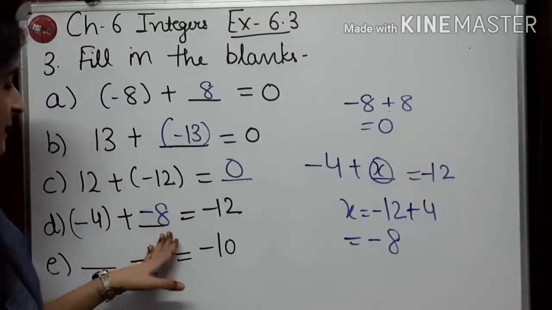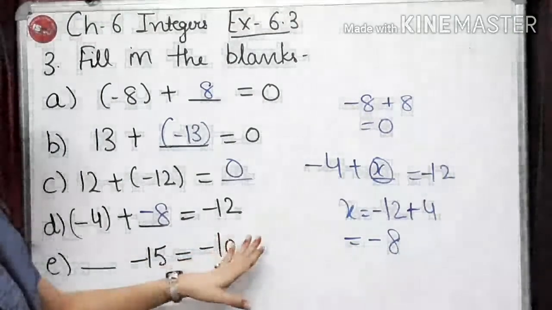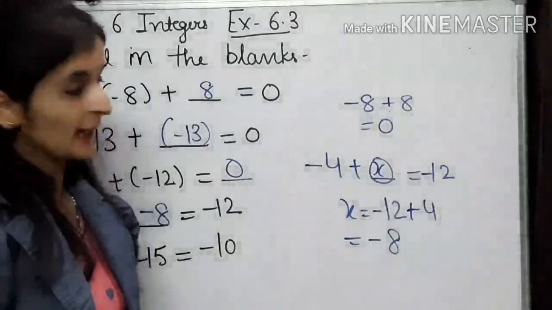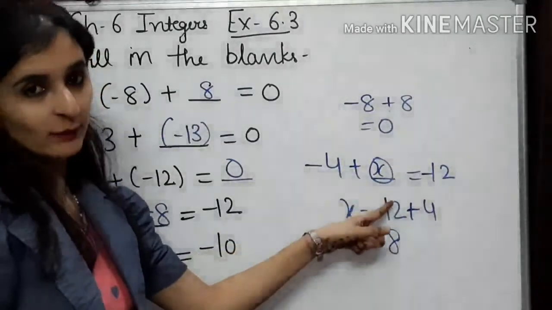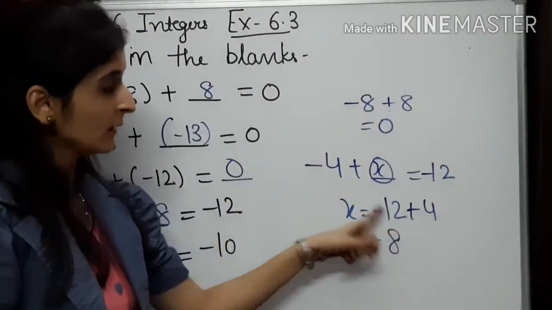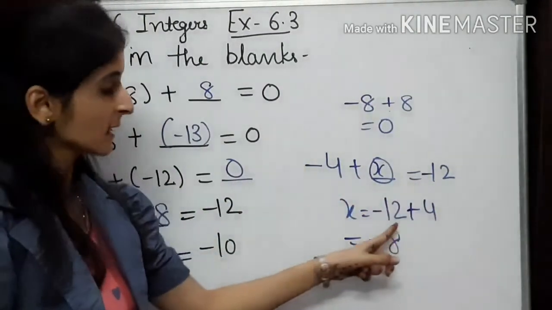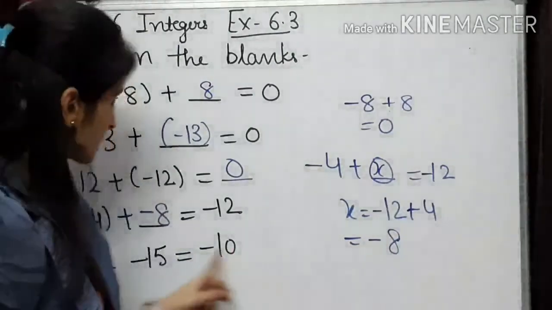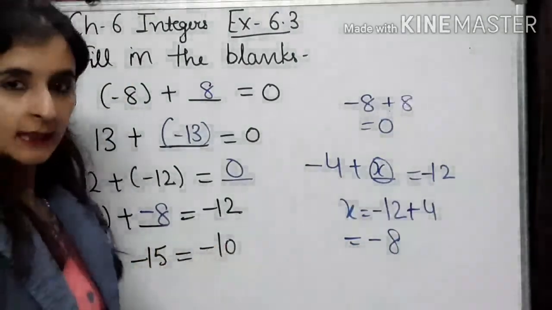Minus 4 plus dash is equal to minus 12 was there. So I have written x in place of the blank. And now we have to find out the value of this x. So what I have done? Minus 12 and I have taken this to right hand side. Minus 12 plus 4 which is equal to minus 8. So the answer will be minus 8.